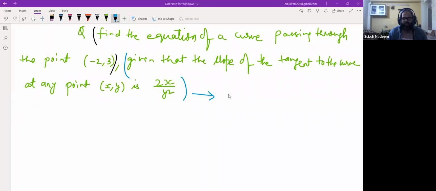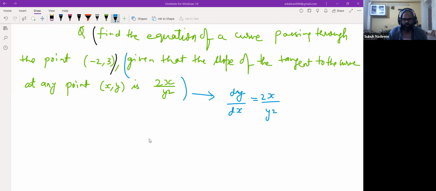What is the slope of the tangent to a curve? So dy by dx. And this is equal to 2x by y square. So first we have formed the differential equation.